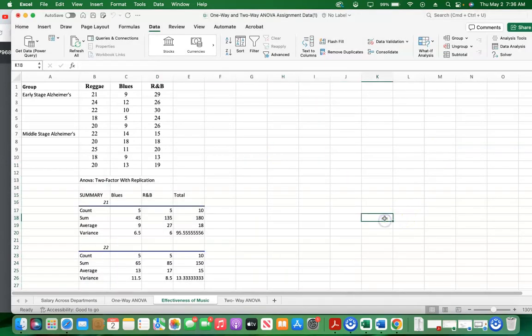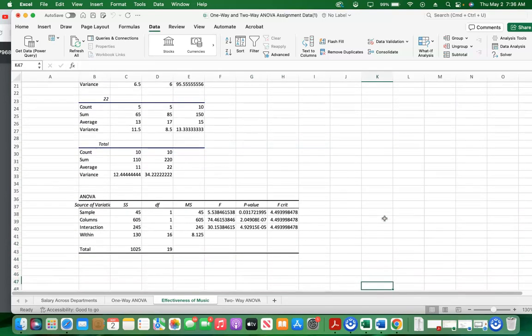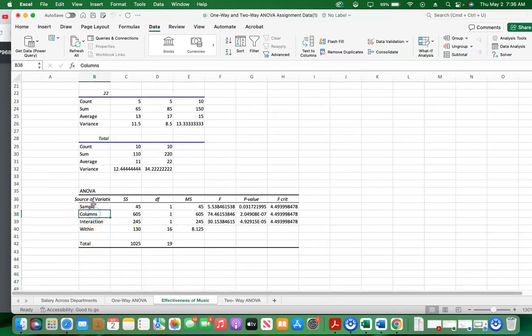And you can see that we have results. Here we have sample, columns, and interaction. In other words, we're looking at the groups of Alzheimer's, how the music affects them, and the interaction between the two.